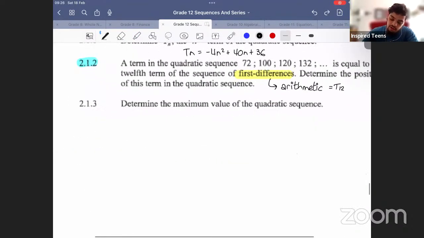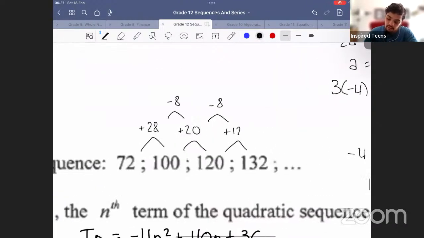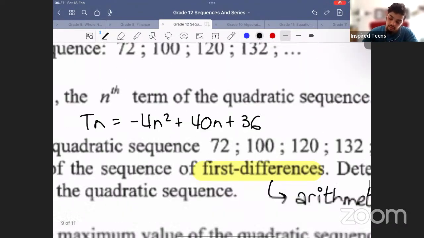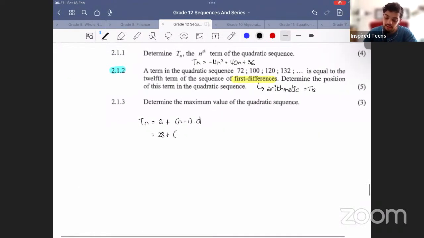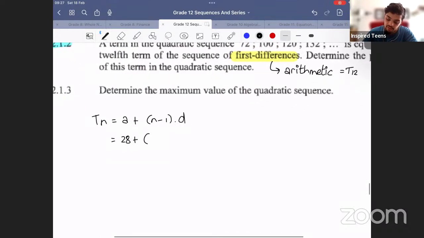So remember, the arithmetic general formula is Tn is equal to a plus n minus 1 times the difference. In this case, a is 28. Remember, I'm dealing with the 12th term in the series of first differences. So 12 minus 1 times the difference.